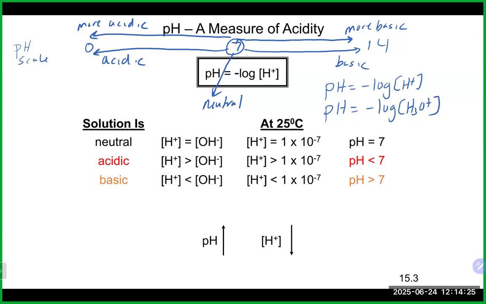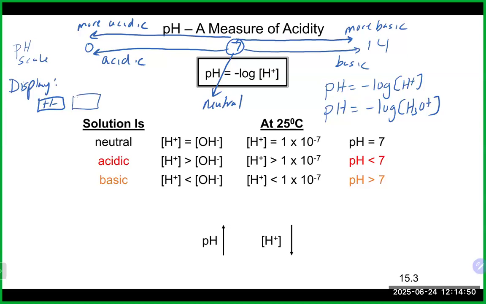Now, when you punch this formula into your calculator, and some other ones in this chapter, you do want to make sure that you punch it in correctly. Depending on the type of calculator you have, if you have a display calculator, you would punch in the negative button, not the subtract button.